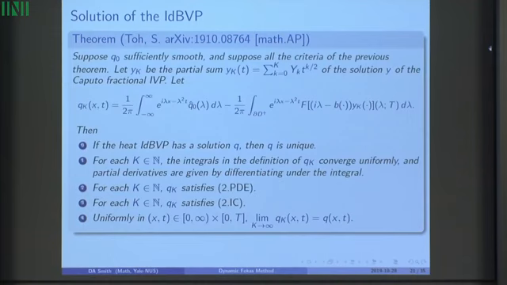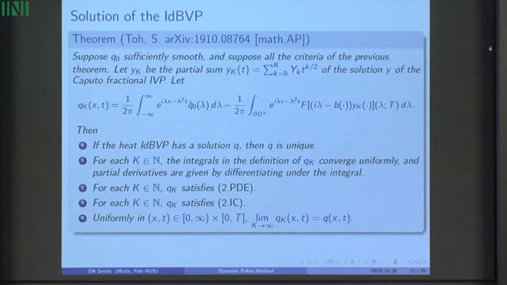Well, we find that firstly, there's a unique solution of the problem. Secondly, if you plug in the partial sum of your solution to the fractional initial value problem, then you get nice behavior of the integrals defining this.